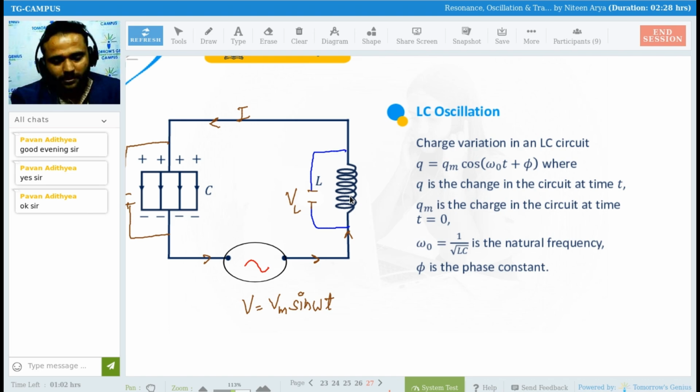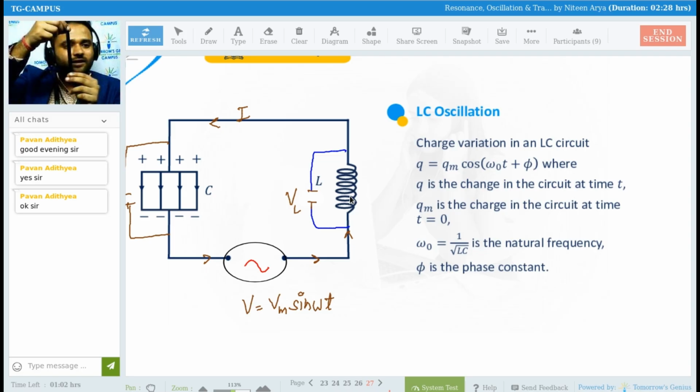Again it gives you induced EMF, develops a voltage here, again produces a current, and then it is going to charge. So it is charge and then discharge, charge and then discharge. So this behaves like this.